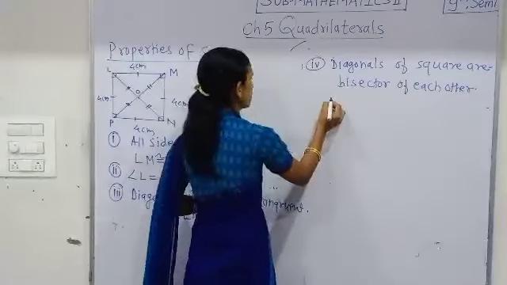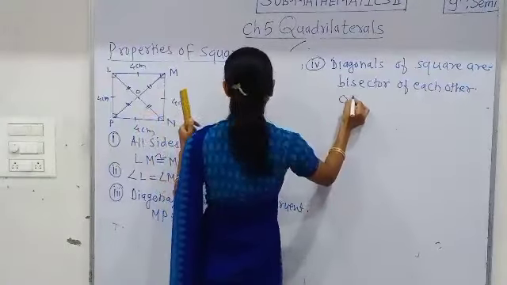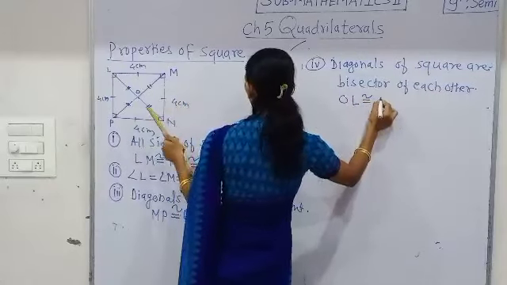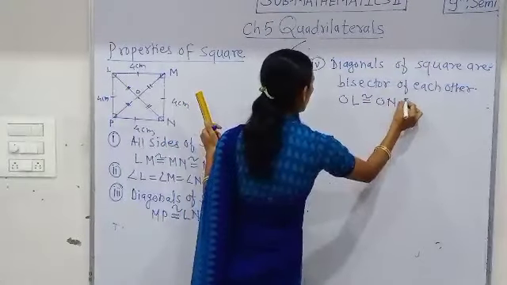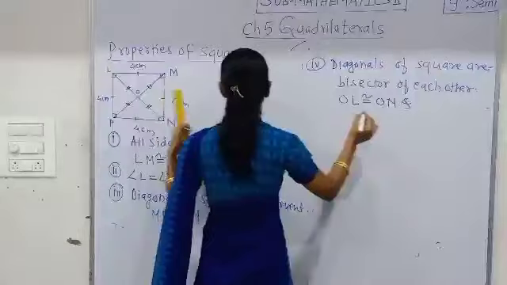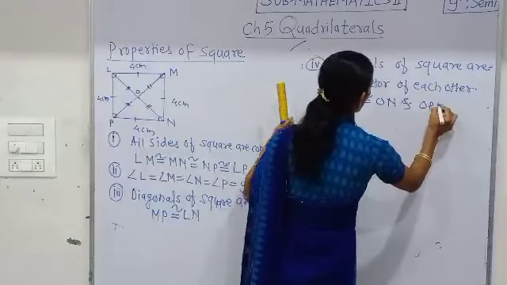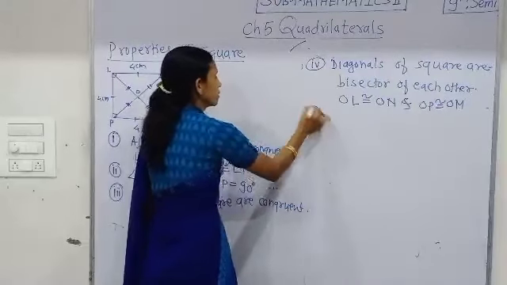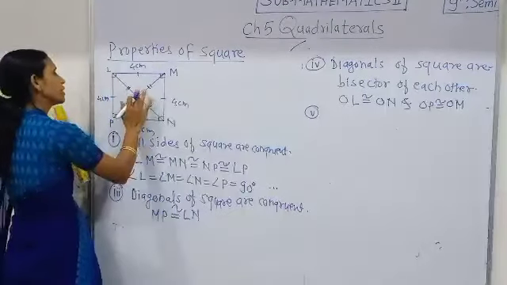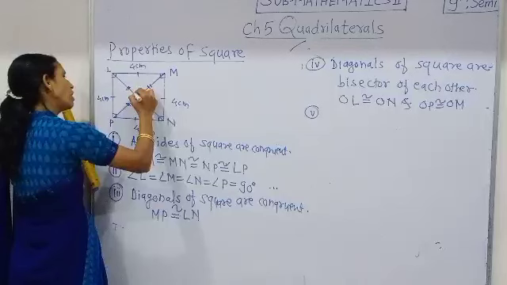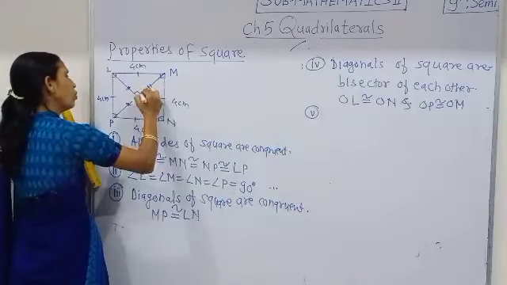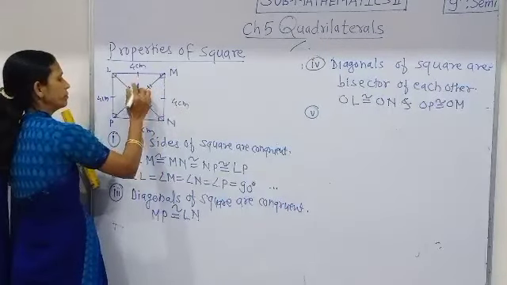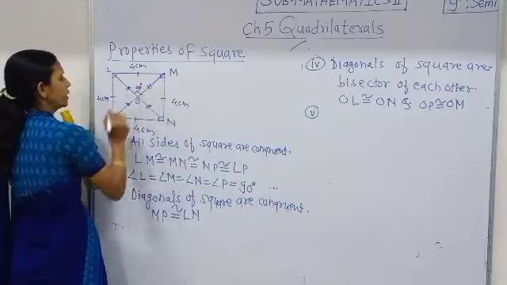Then see here, therefore we can write OL congruent to ON and OP congruent to OM. As well as if we measure the angle LOM, it is found to be 90 degrees.